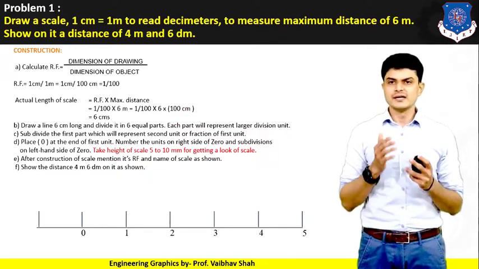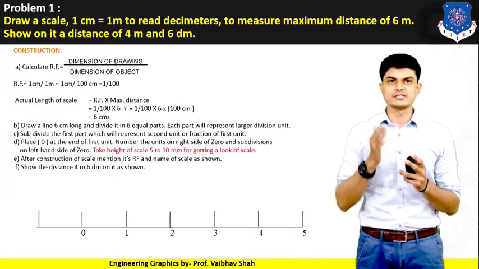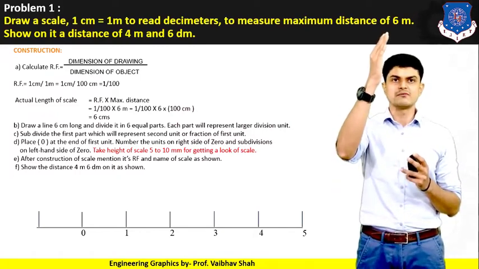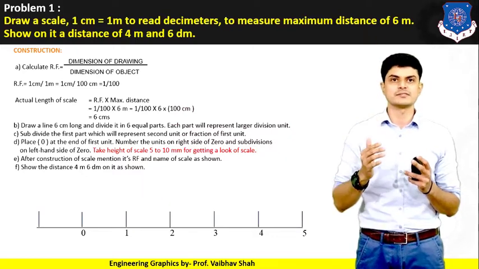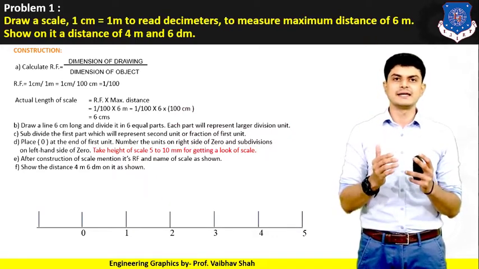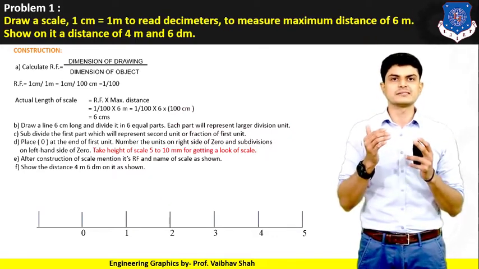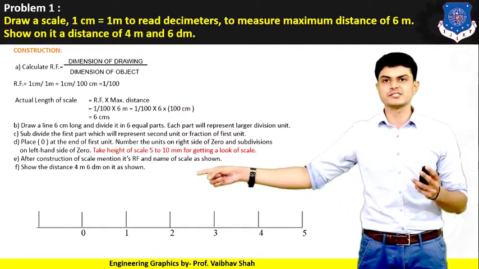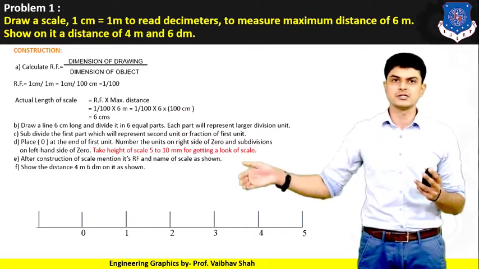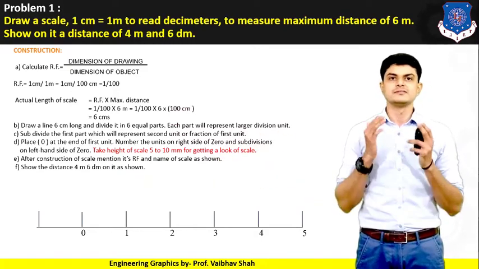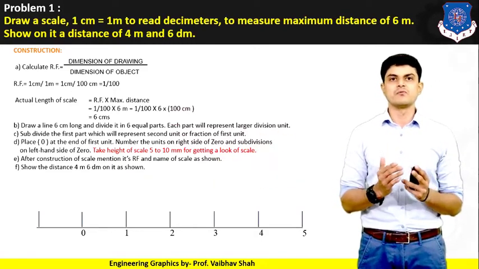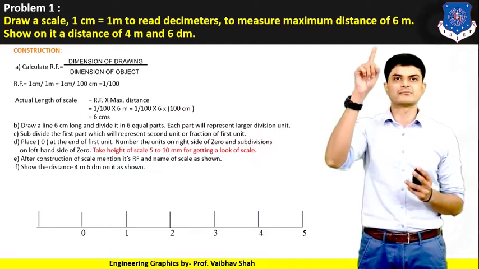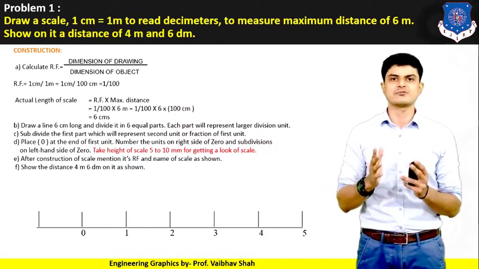As you can see, the last digit is 5, which is 1 unit less than your maximum distance, and if you are right, then it must be 1 unit less than your maximum length. Why is it so? Because we have omitted the first division here and we have started putting 0 after the first division. That's why we will be having 1 unit less than our maximum distance here. That's why we are having 5 here.